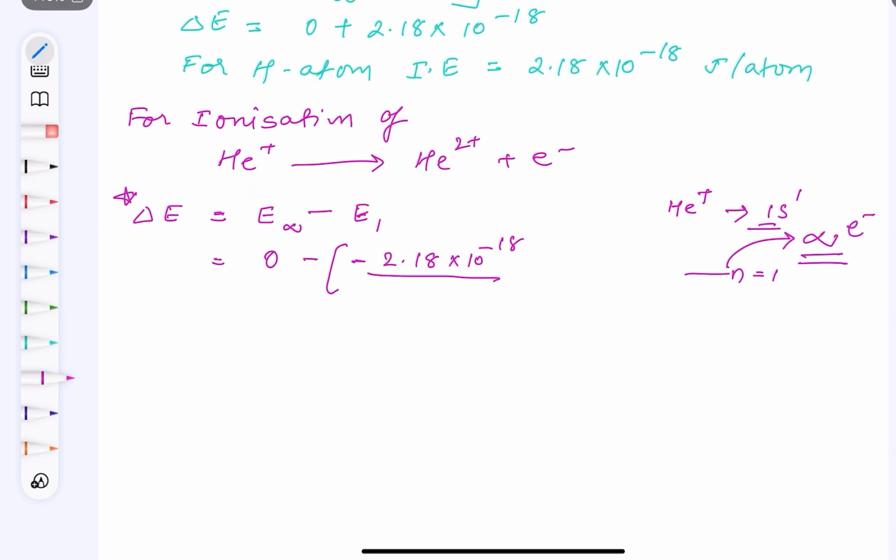So n square here is the orbit number, 1 square, into, now here we are talking for helium ion, so Z would be the atomic number of helium, that is 2 square.